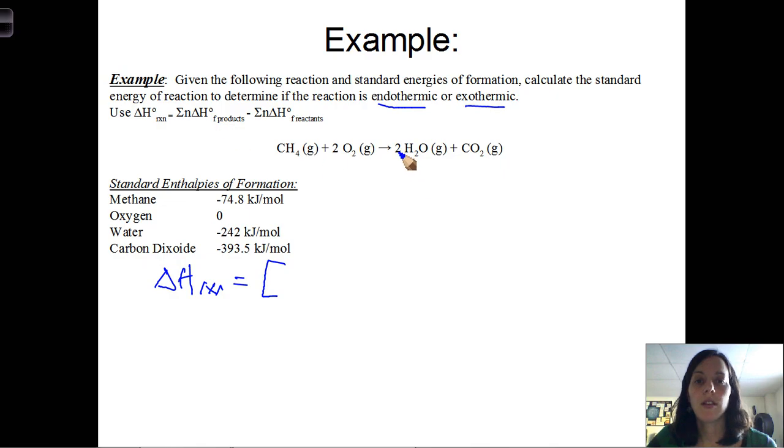So we're going to start on this side. We have 2 moles times the value of water, which is minus 242. And summation means add together. So we're going to add that to 1 mole of CO2, but we want the heat of formation, which is minus 393.5.